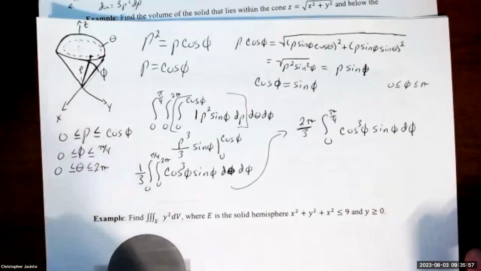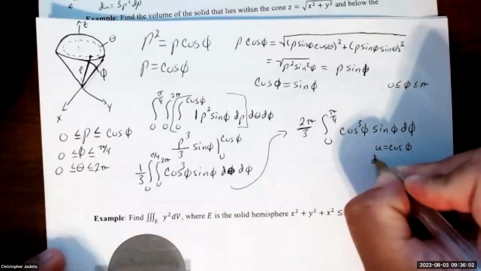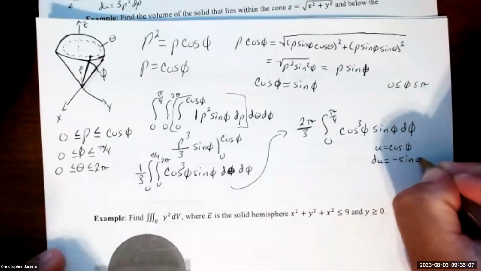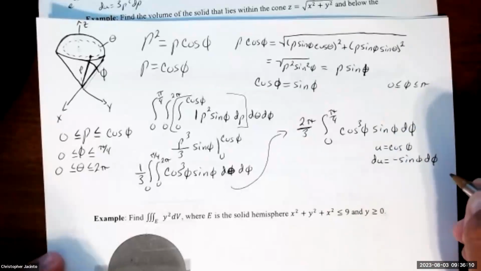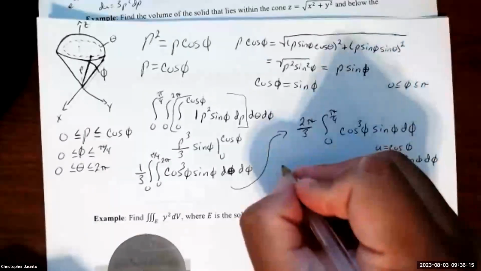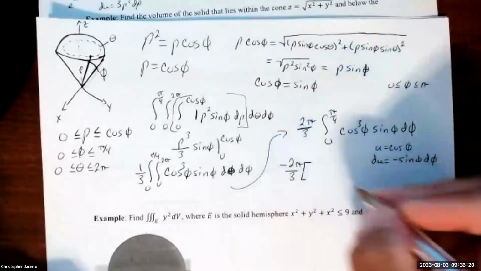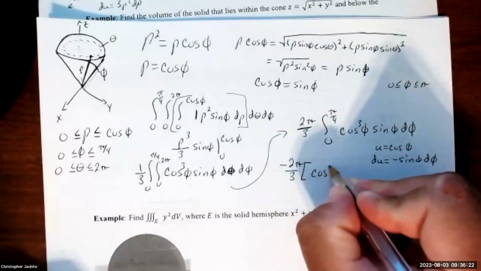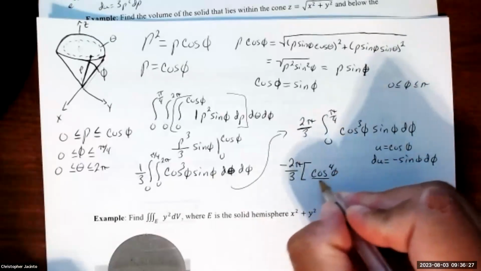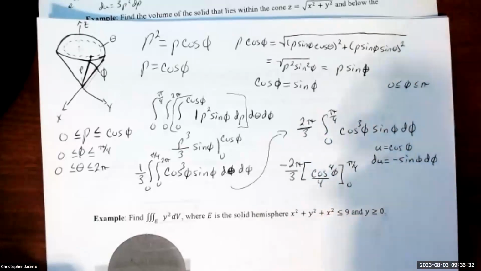But with nothing else, we can use substitution to quickly do it, right? So let u equal cosine phi. Therefore du is negative sine phi. So just pop a negative on the outside. So it's going to be negative 2 pi over 3 times cosine to the 4th power over 4, evaluated at 0 and pi over 4.